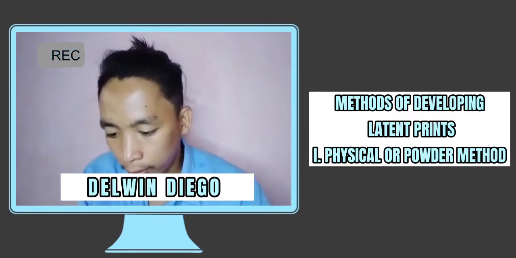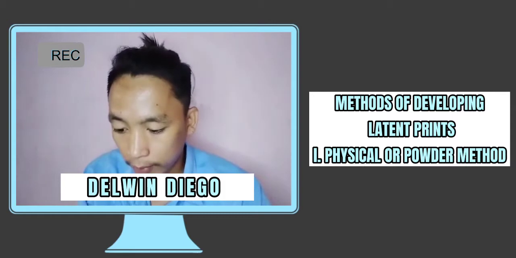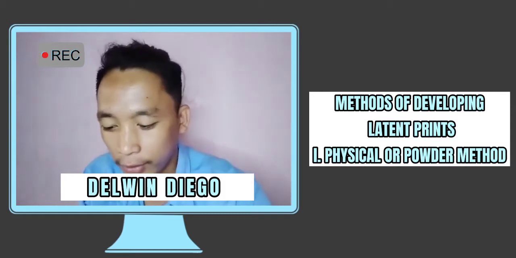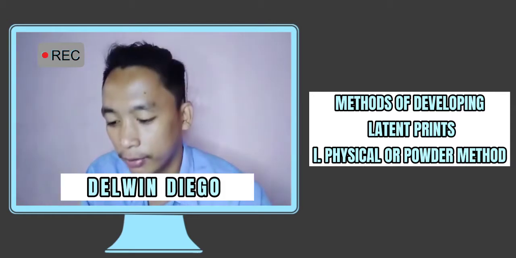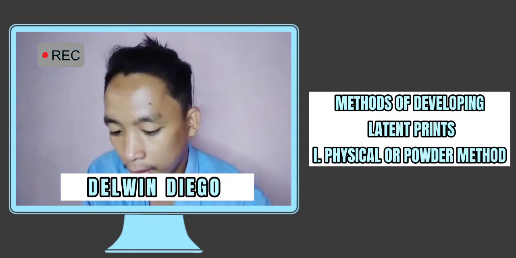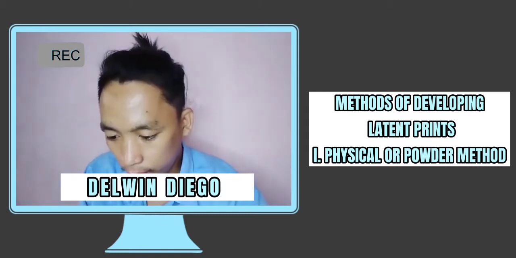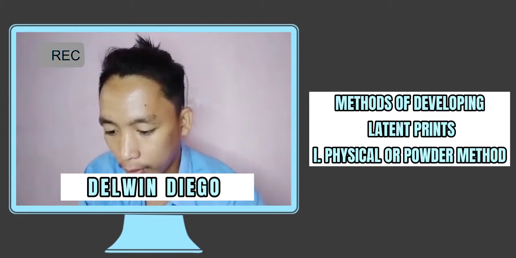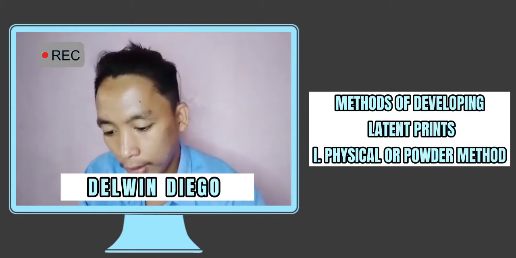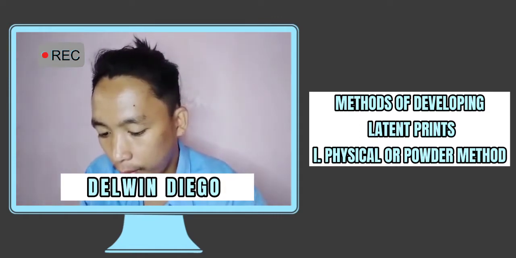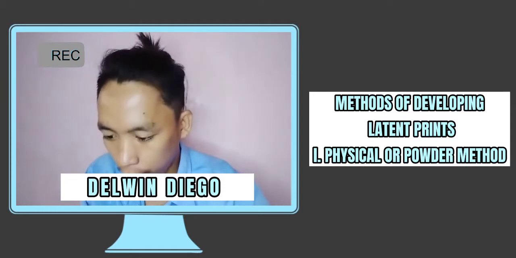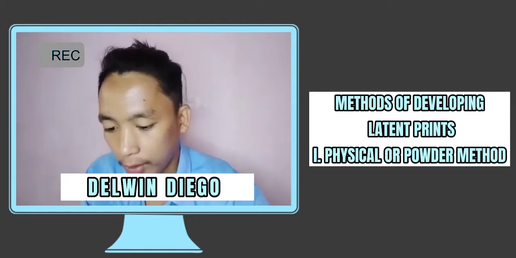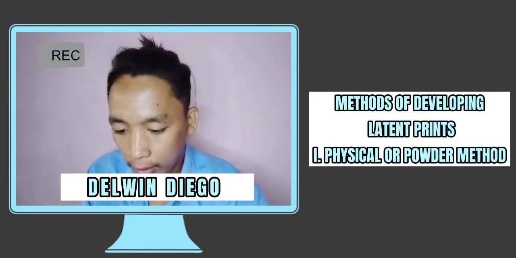From the word powder method pa lang, syempre, para matrace natin yung print, powder na yung gamit natin. So, powder method, kadalasan na ito ginagamit daw sa mga bagay na glass, porcelain, ceramic, pottery, metallic item, and plastic, and bamboo. So, yung powder method daw, doon lang pwedeng gamitin sa ganung bagay lang.